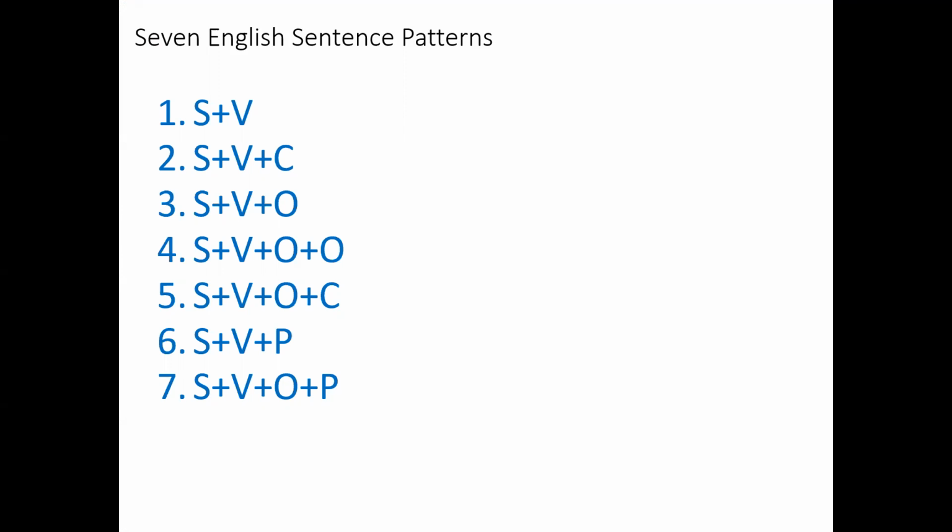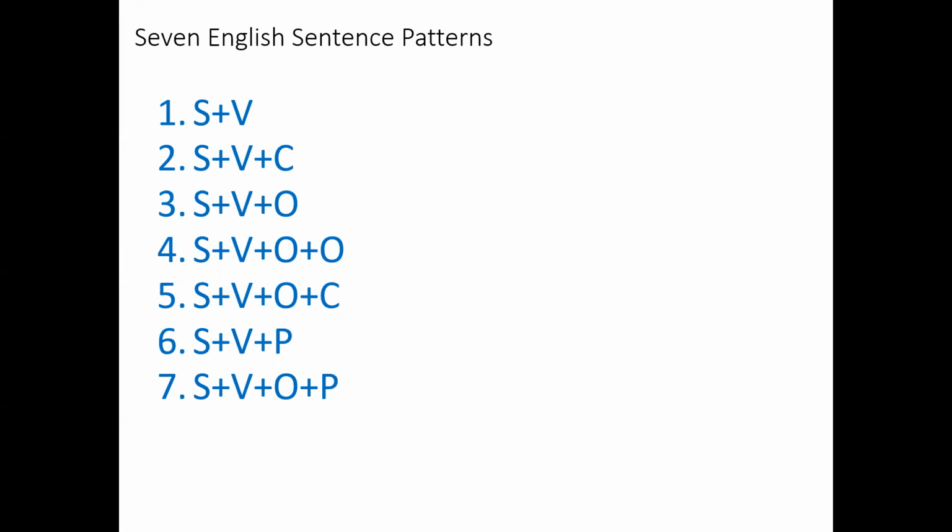For those of you who have taught or studied English grammar in the Japanese context, where I happen to be now, you'll be very familiar with the first 5 patterns. They are called in Japanese gobunkei, or the 5 basic English sentence patterns. And they're used to introduce English grammar in Japanese schools.